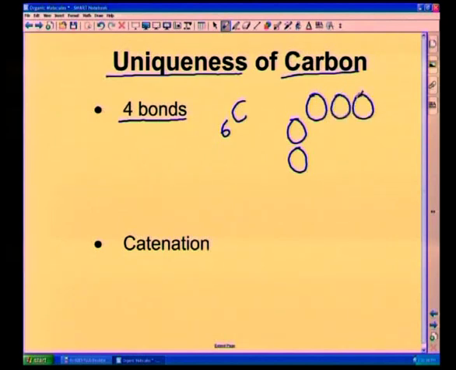6 electrons in total. If this is my 1s orbital, this will be the 2s orbital, and that will be the 2p orbital. The electrons here, we have 6 of them for a carbon atom to be neutral.